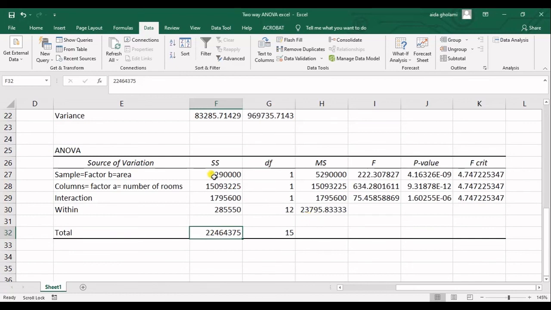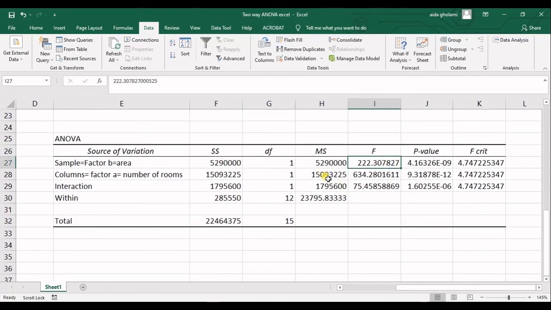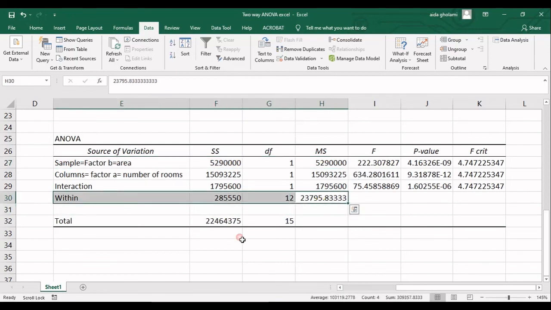Now that we have studied the formulas, we also know that mean of squares is the result of sum of squares divided by degree of freedom. Then we get mean of squares. And then for f statistic, we have to divide mean of squares for each factor by the mean of squares for within.